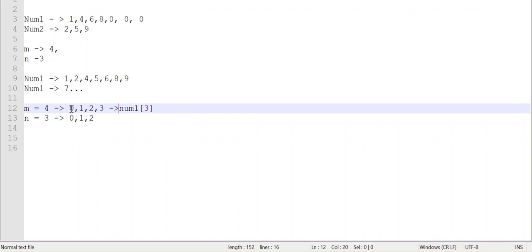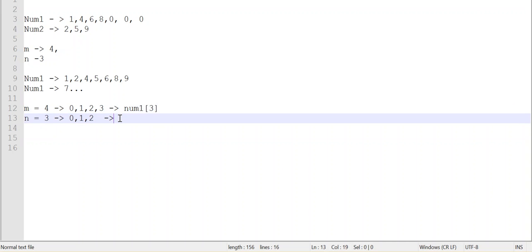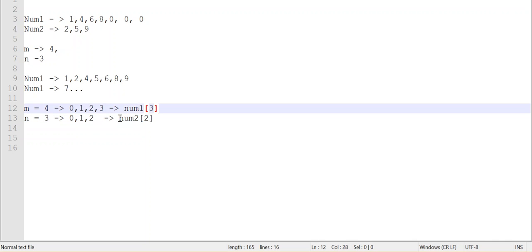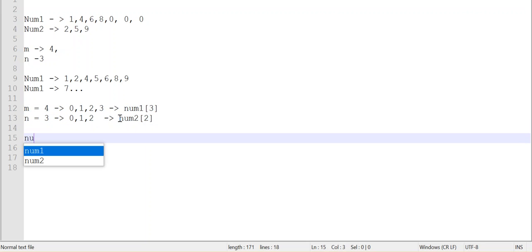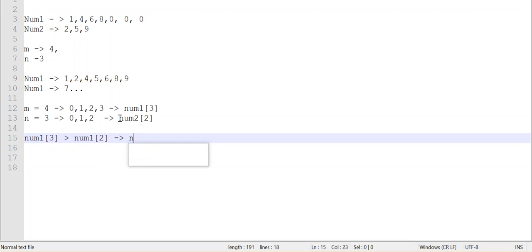Now what we'll check is which one is greater out of nums1 at index 3 and nums2 at index 2. Whichever is greater, I'll update nums1 at index 6 to be equal to that value.